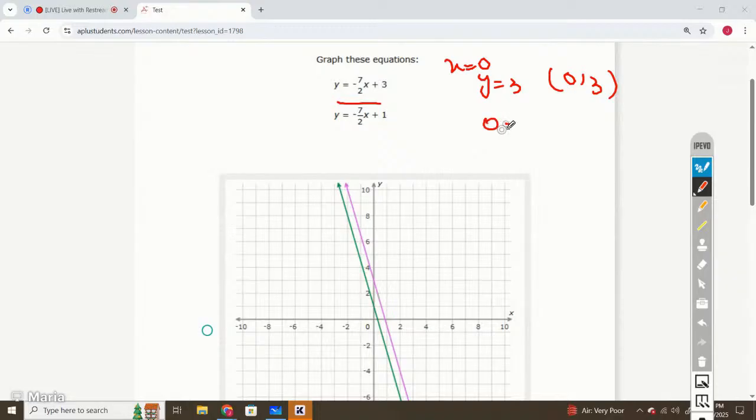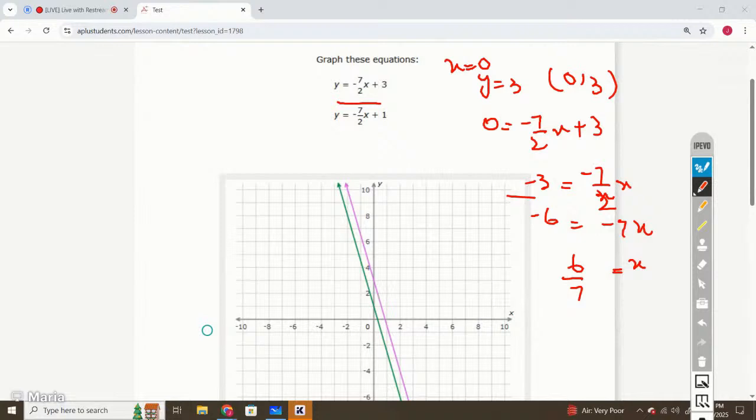Now put y equals 0, that is 0 equals negative 7 over 2x plus 3. Negative 7 over 2x equals negative 3. That is negative 6 minus 7x, x equals 6 over 7. 6 over 7 is 0.85.